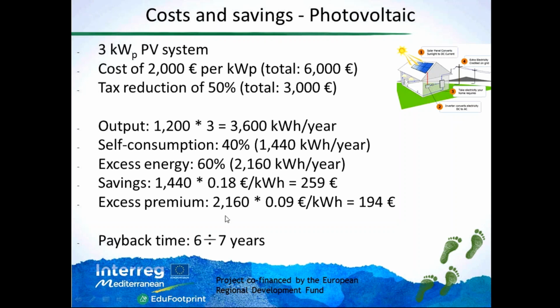So in this case, we see that, again, the savings bring this 260 euros and the excess premium brings less than 200 euros. So if you look at the payback time, also considering this tax reduction, you have a payback time of the investment of about 6-7 years.